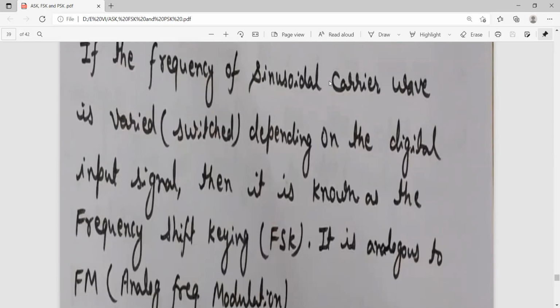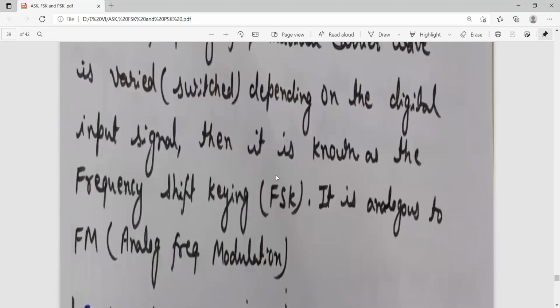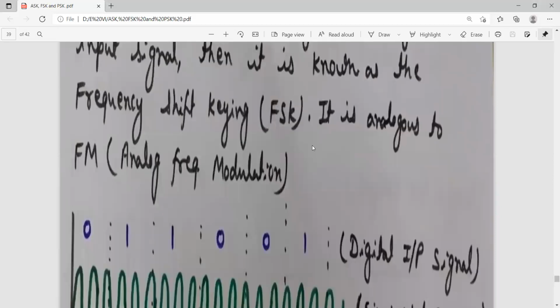So there is a change in the frequency of the carrier, and that change depends on the digital input. Okay. So it is known as frequency shift keying. It is analogous to the analog, normally compared to frequency modulation.